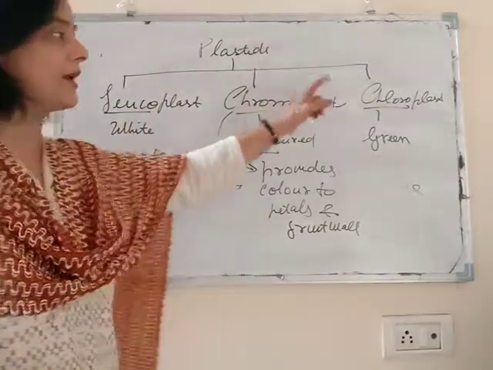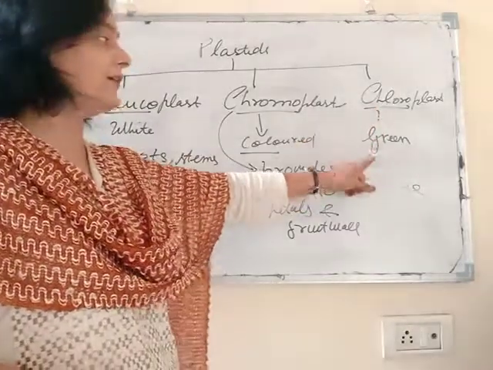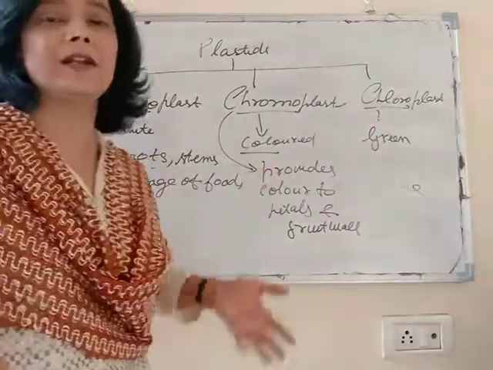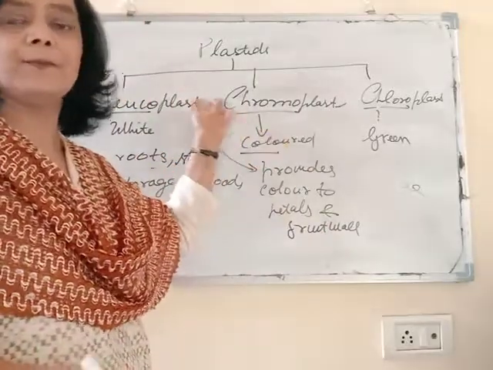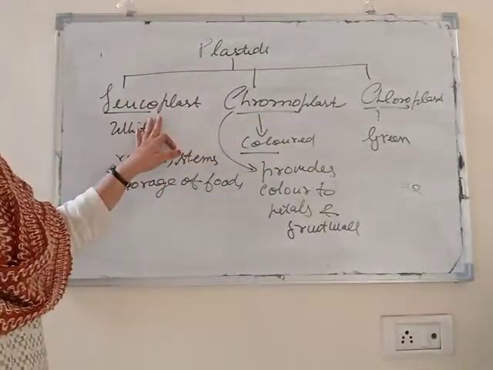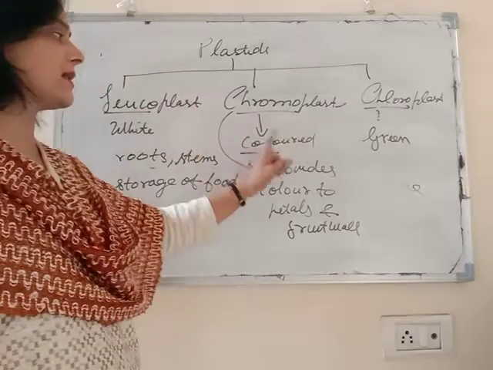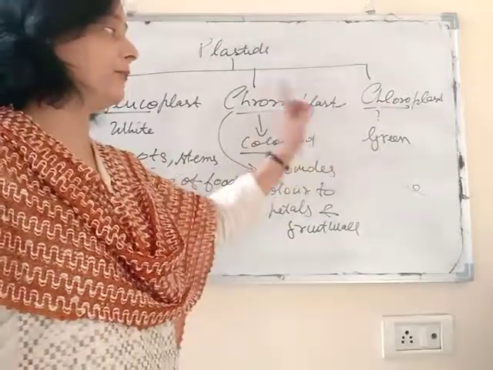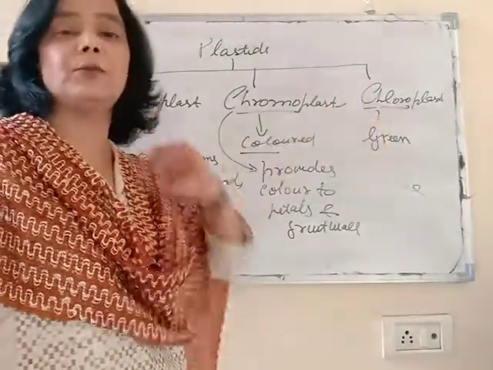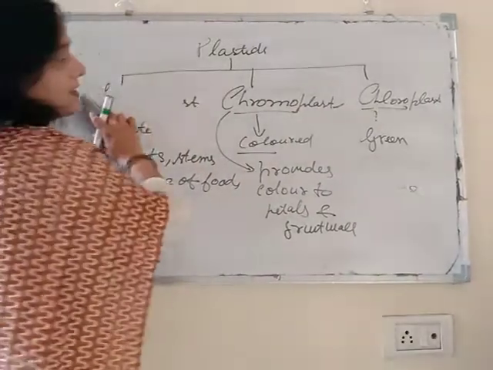Inside the chromoplast they have taken chloroplast, because green is also a color. So there are different ways of classification. We'll follow this. It hardly matters, but we should be aware that leucoplasts are white in color, chromoplasts are colored, and green colored plastids are the chloroplasts, and we will study the structure of chloroplast in detail.